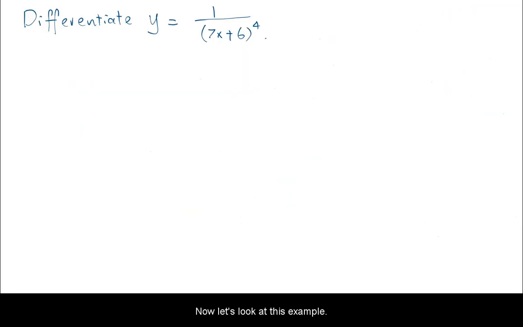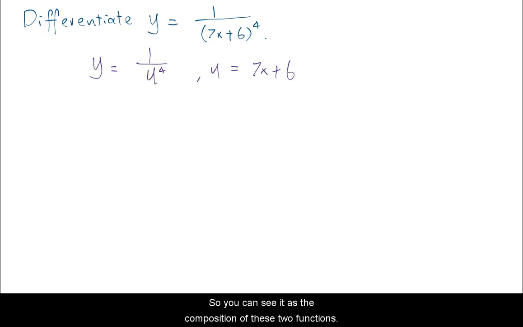Okay, now let's look at this example. Differentiate y equals 1 over (7x plus 6) to the 4th power. Okay, here it's pretty obvious. We can see it as a composite function where y is equal to 1 over u to the fourth, where u is equal to 7x plus 6. So you can see it as the composition of these two functions.